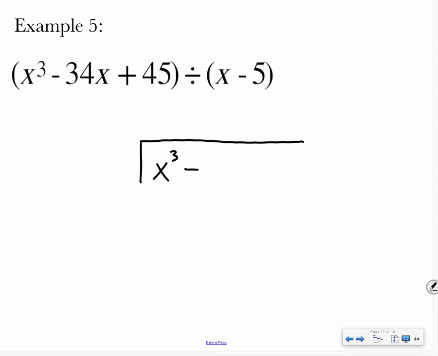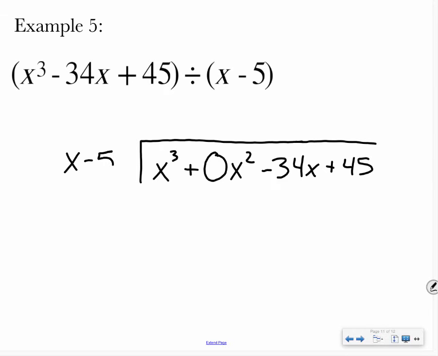So even though we don't have any x squareds, we're going to represent it by putting in a 0 x squared. It'll make sense once we start working on it. And then I can continue. Minus 34x plus 45. Okay? And we are dividing by x minus 5.